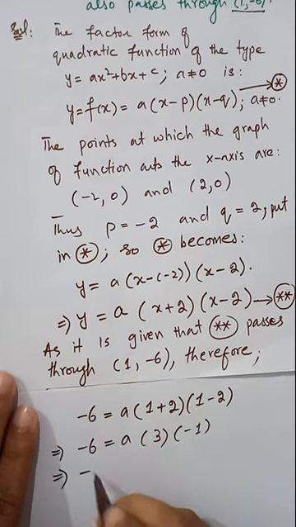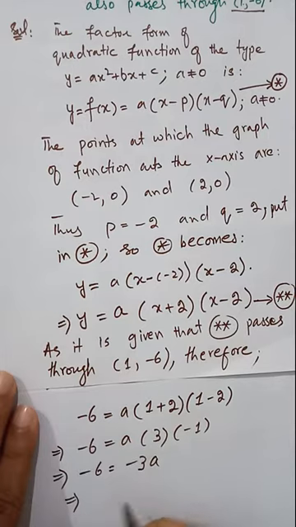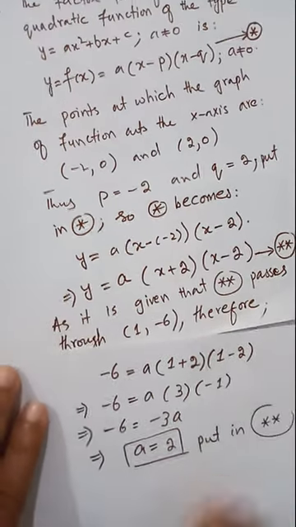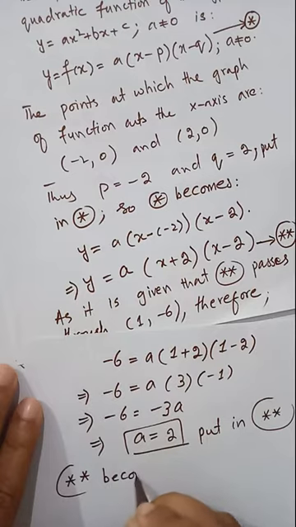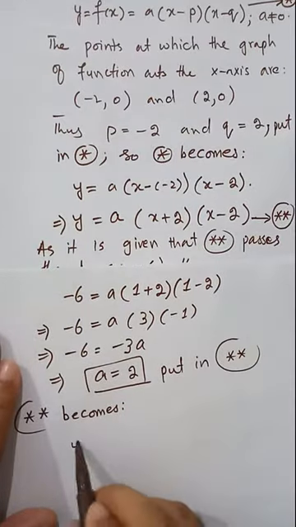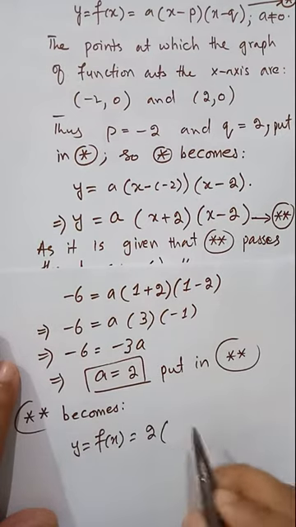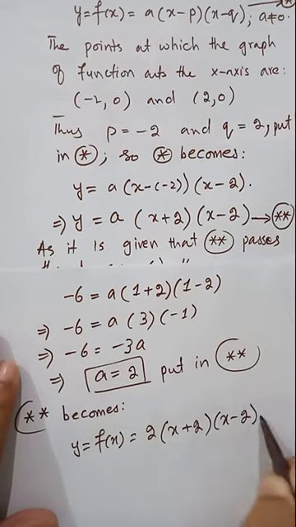So this is equal to -6, and from here you get -3a. So this implies that a equals 2. Put this a equal to 2 in double star. So double star becomes y equal to f of x is equal to 2 times x plus 2 x minus 2.